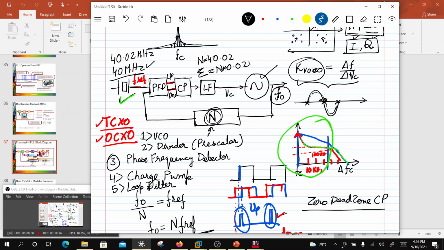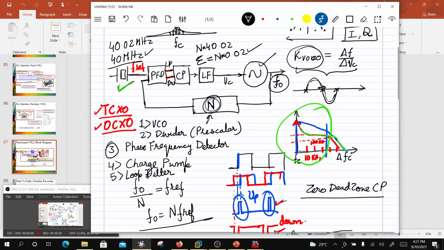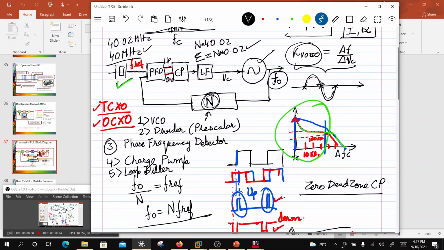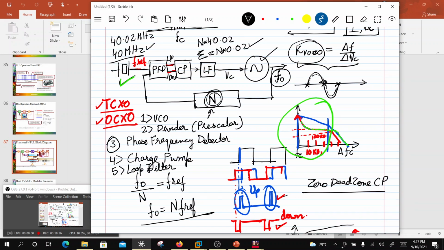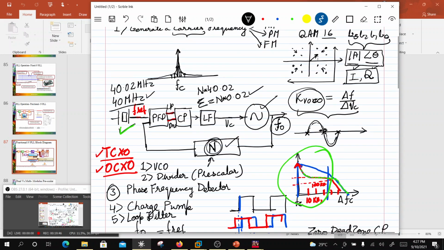So error would be introduced because of aging. So we want a PLL where this can be corrected at this point itself, rather than changing the PLL. Another thing which can happen is, over temperature, this frequency can also change.